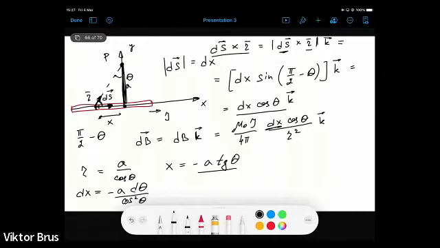This is from the table which gives you rules for taking derivatives. We take the derivative of tangent theta, we get 1 over cosine squared theta, and since it's a differential, we multiply it by d theta.